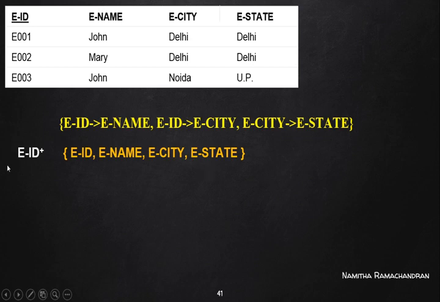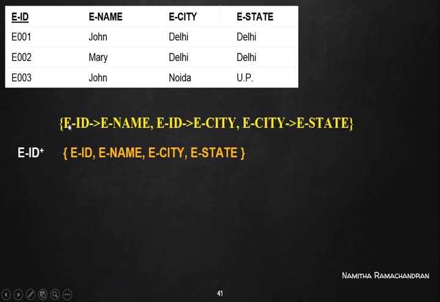So in this particular property of identifying our closure set, here we considered actually the transitive dependency. Is it right? Check. If we know EID, we can derive ENAME directly and ECT directly.